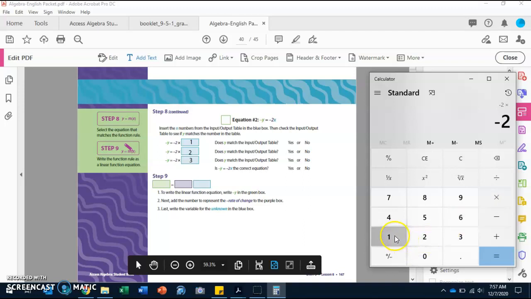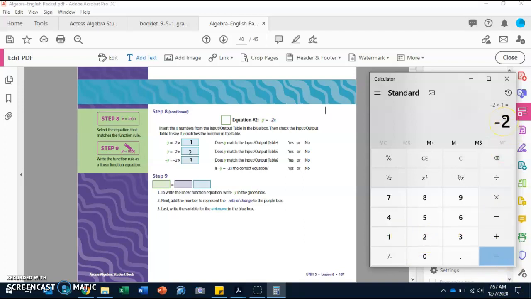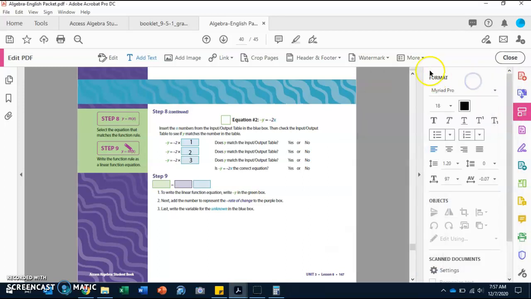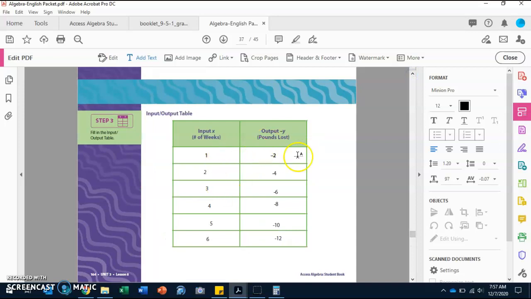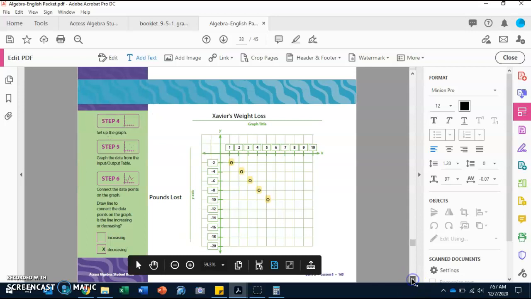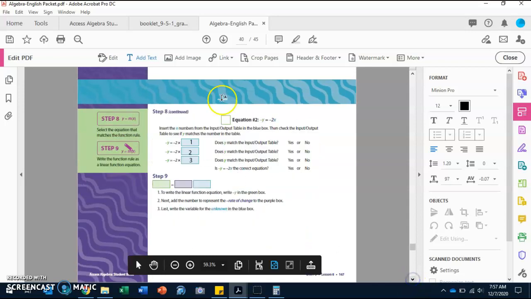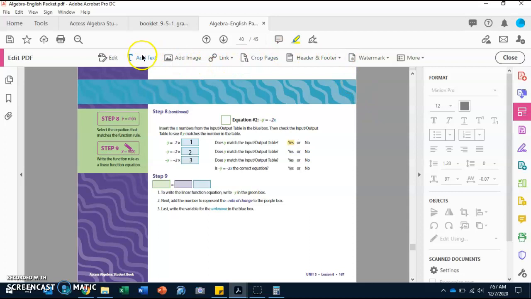So times 1 equals negative 2. Does that match the input and output table? Does it say that for week 1 he lost 2 pounds? Yes, it does, boys. So we're going to put yes, because it does match it.